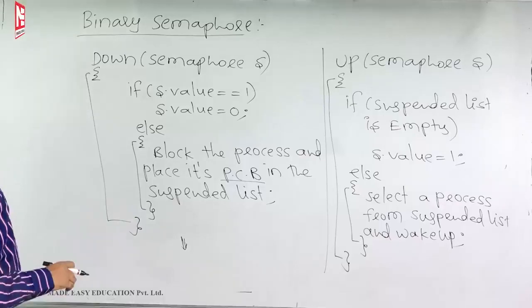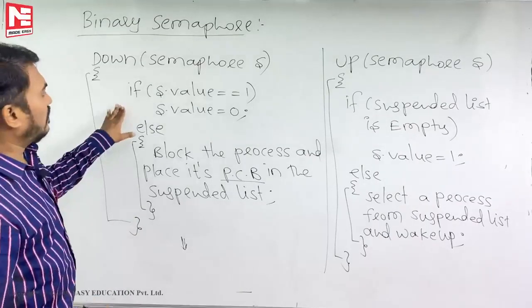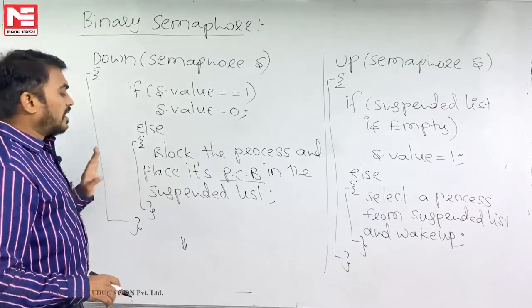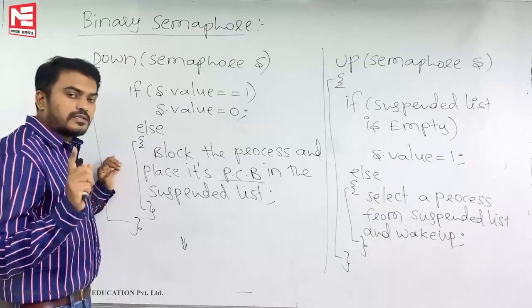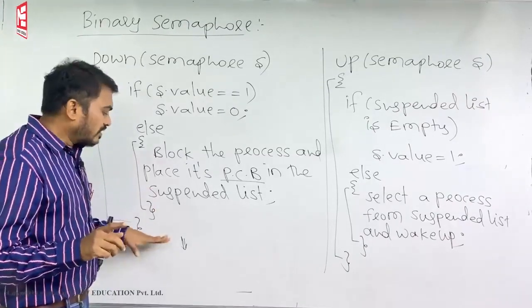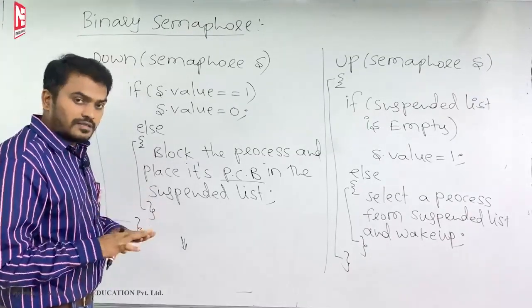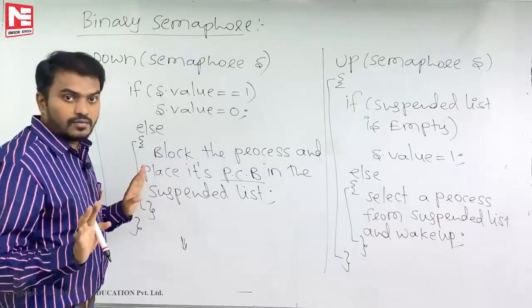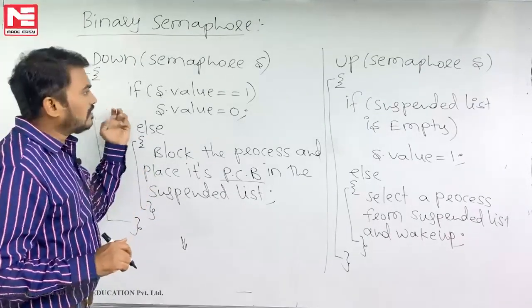Is that clear? So that is about the down operation. What is there to remember here? Only 2 points. If it is a successful down operation, then only it will continue further execution. If it is unsuccessful, then it will not continue further execution.